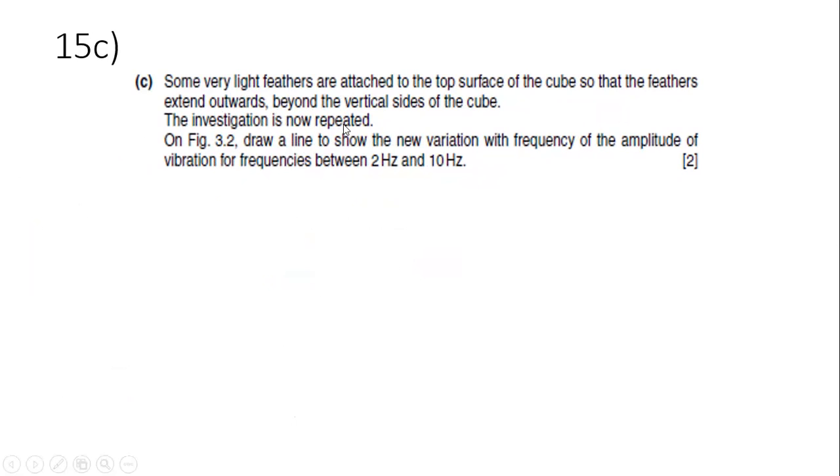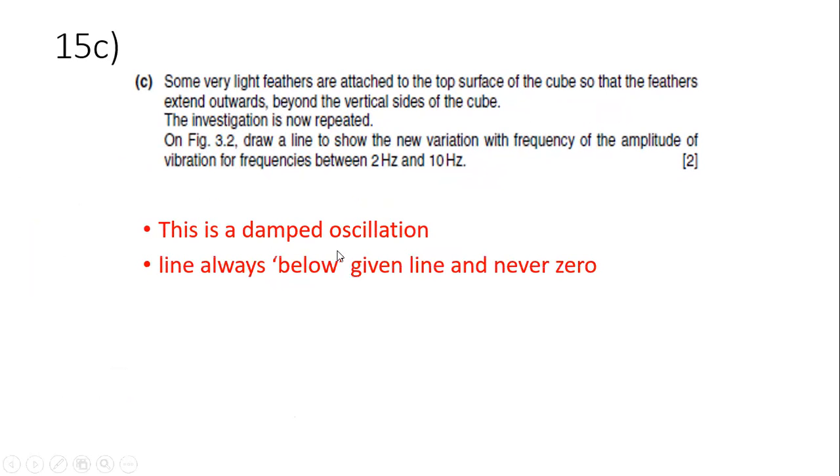The investigation is now repeated. On figure 3.2, draw a line. A line means a graph, to show the new variation in frequency of the amplitude of vibration of frequency 2 to 10 Hertz. Remember, this is damped oscillation.